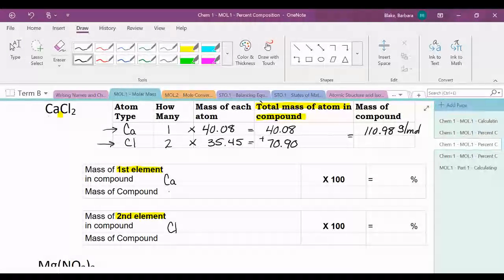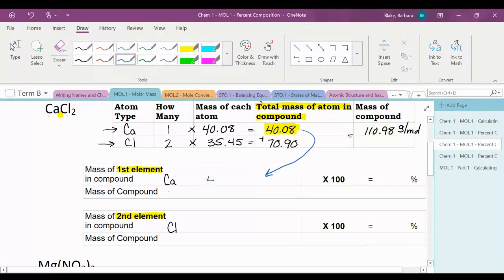And again, you can directly type into these squares so that the mass of the first compound, well, that's going to be the number that I came up with here. So I am going to take this number, this 40.08, and put it here because in this compound there were 40.08 grams of calcium.